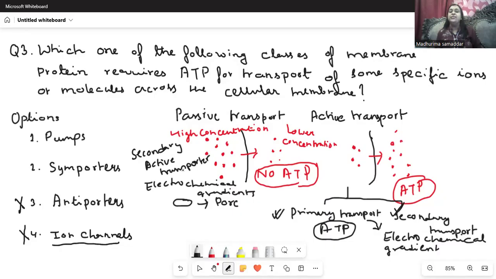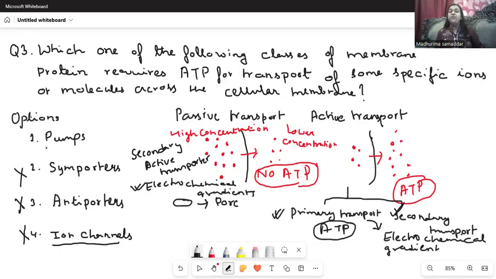That means here they are also using the electrochemical gradient for the transportation of the molecules. Two different substances get transferred in the same direction, but by the use of electrochemical gradients, not ATP directly. So this option is not correct.